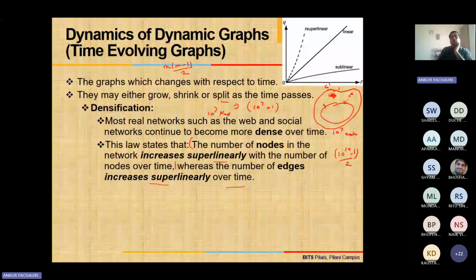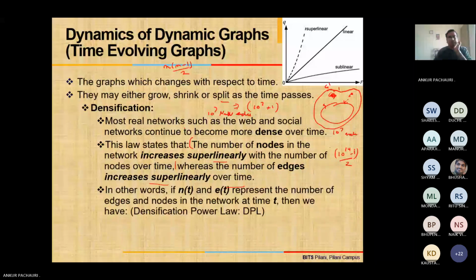So I have added one node, but I have to add 10 to the power 7 new edges. Even with this number of nodes, it exhibits a power law, which we call the densification power law, where NT is the number of nodes added and ET is the number of edges added. So ET is proportional to NT to the power alpha.